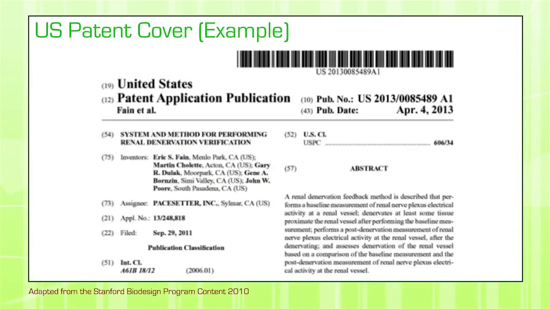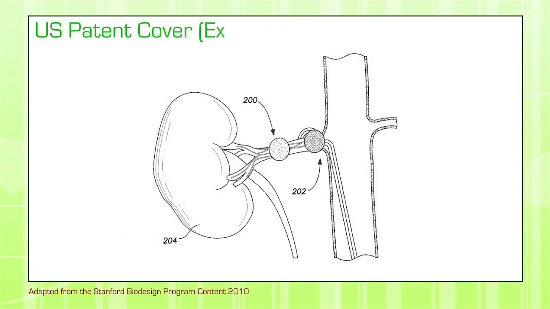If we take a closer look at the cover sheet of a patent, you're going to see that it has a barcode and all the identification parts that we described earlier. It also includes the abstract on the very first page. If we look at the second part of this page, you're going to see that it almost always includes the main drawing of the patent.